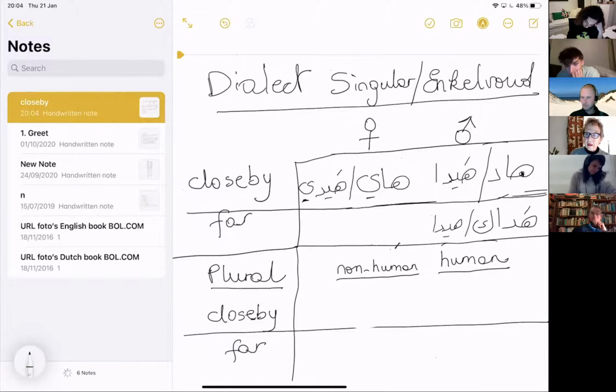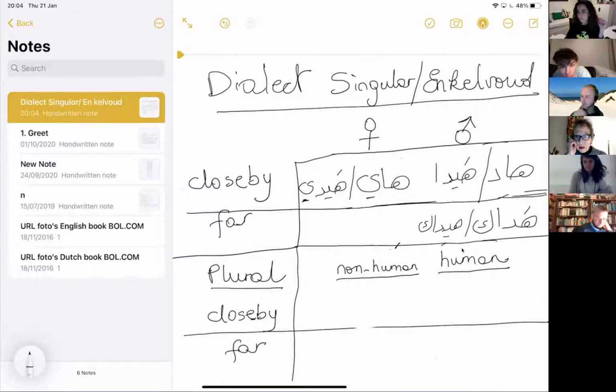Hadak is more Syrian accent, and haydak is Lebanese accent. It's just an accent, okay? It's not important at all which one you use. Let's put here هيداك. The feminine one, when it's far, is hadik, or haydik.